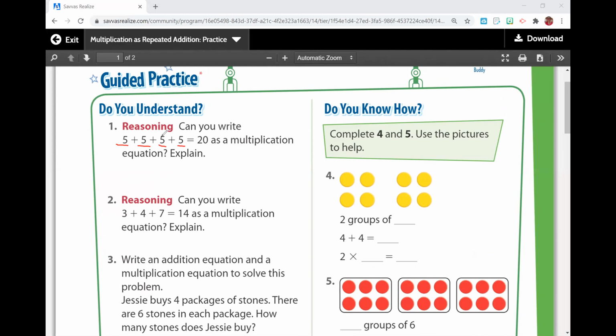How many groups of 5 do I have? Remember, our first number is groups. I have 1, 2, 3, 4. I have 4 groups.